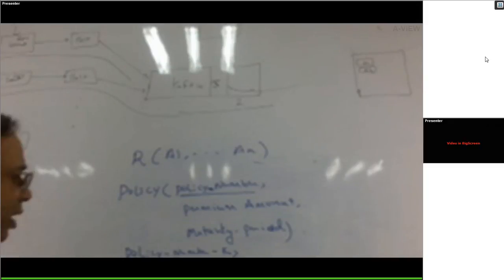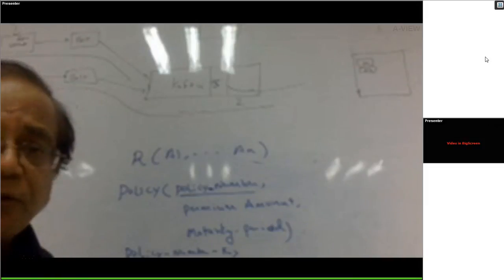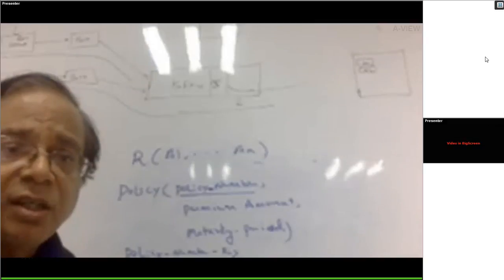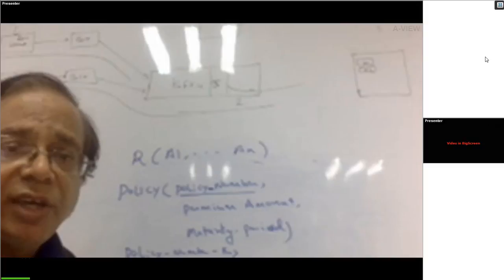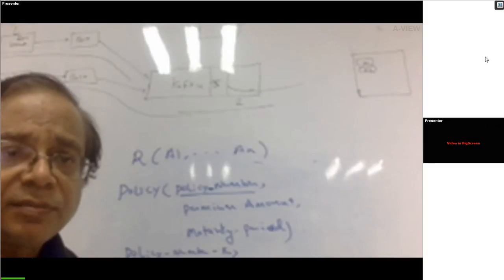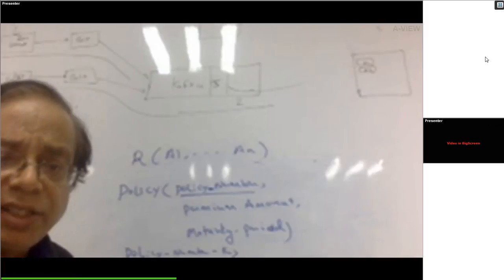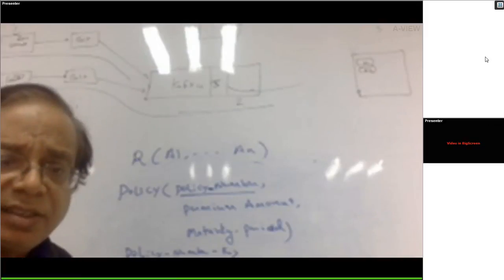Are there any questions on the simple concept? Please raise them in the chat box if you have any questions on relations, keys, super keys. I'm making it very simple and easy.